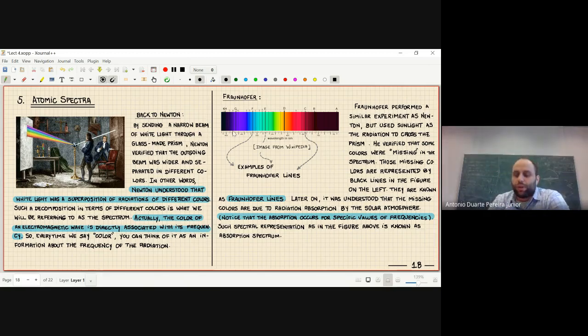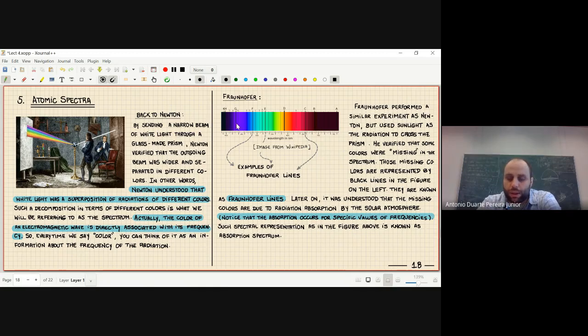So this spectrum here shows the frequencies that compose sunlight, or any other source, and the composition that shows you these dark lines against the colored lines is what we call the absorption spectrum.